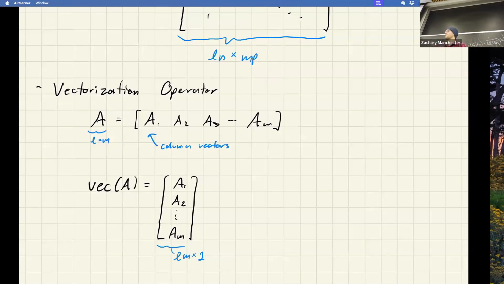Cool? It's the same as reshaping into -1, 1. Right? In MATLAB, this is actually just like A colon, or in Julia, which is cool. So there's ways to write this in different languages, with index tricks. But we're going to define it as this vec operator, vec function.